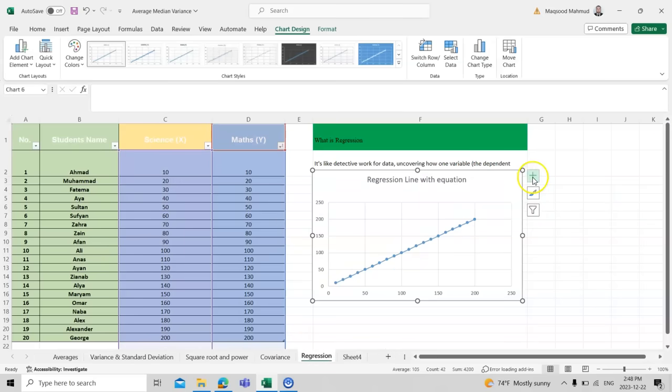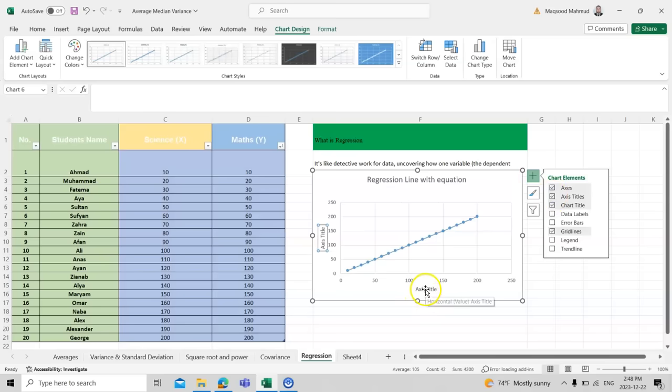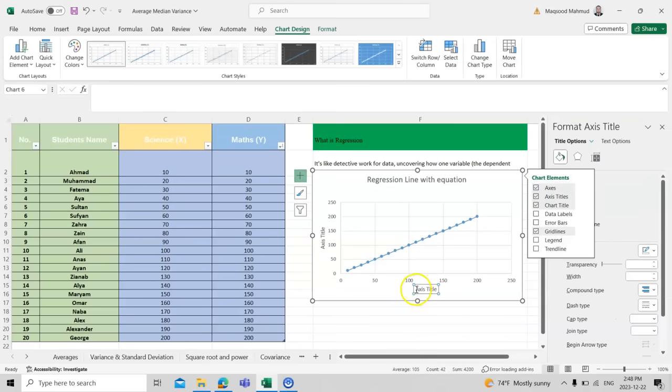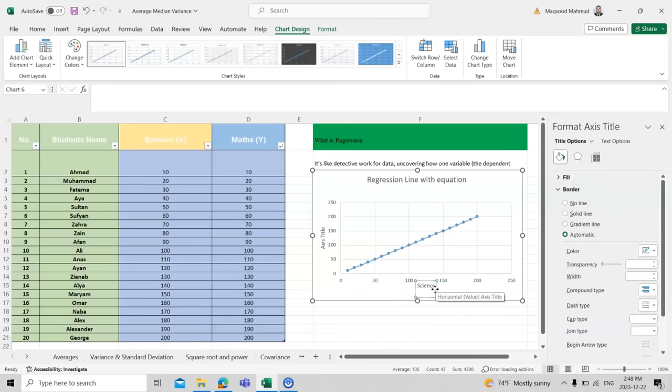Now let's look at the x-axis. We have two axes here. For example, this is the science one. You can check it by changing the values. And this is for maths. The maths one is basically the y-axis.